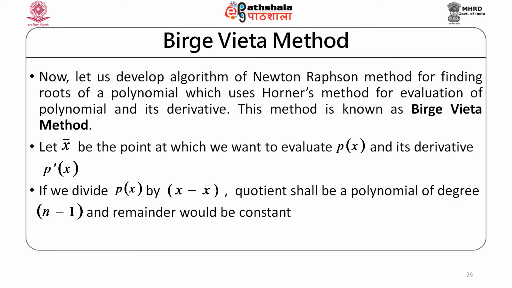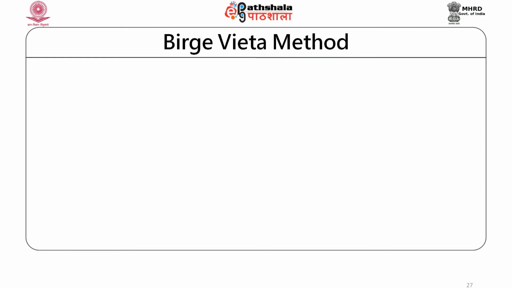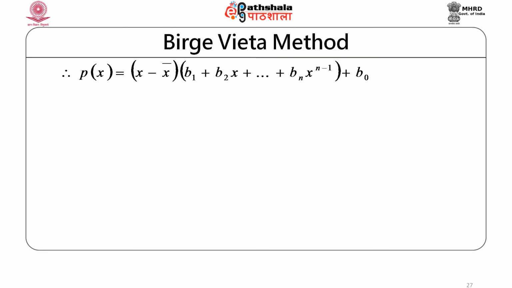So, to get the iterative formula for this, just suppose we divide p x by x minus x bar, then the quotient will be a polynomial of degree n minus 1 obviously, and the remainder will be a constant. So, I can express p x as x minus x bar into a polynomial of degree n minus 1, b 1 plus b 2 x up to b n x raised to n minus 1, plus the constant term b 0.